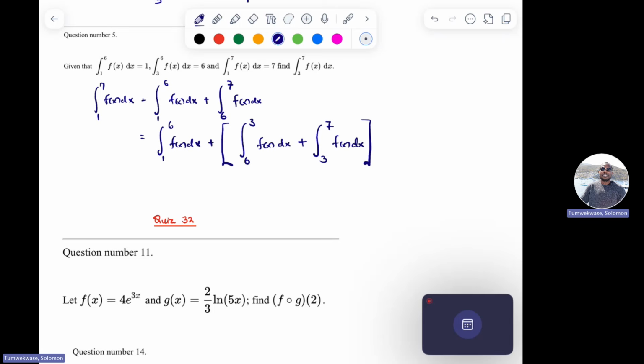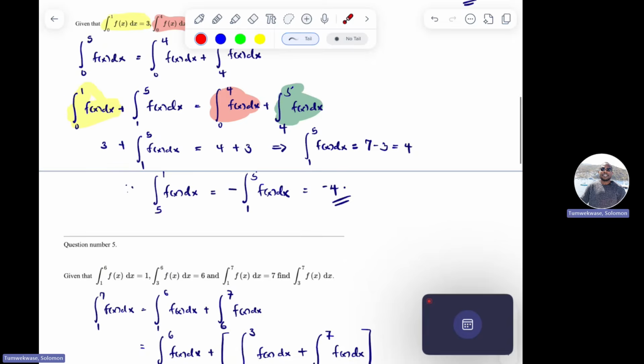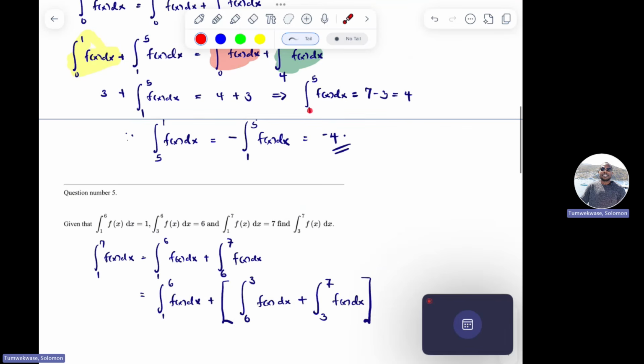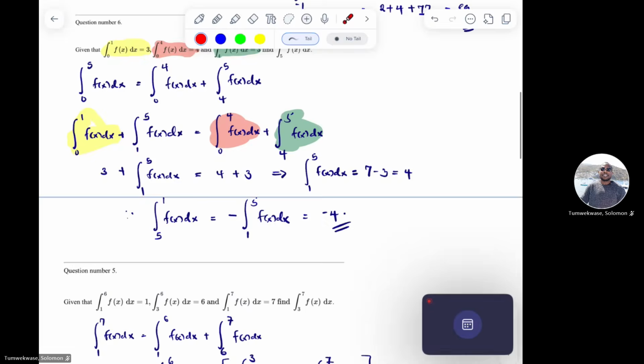But remember, this guy here is 6 to 3. Usually when we are integrating, we have to move from the lower limit to the upper limit. So that's why if I have upper to lower, I switch to lower to upper, but I put a negative sign.